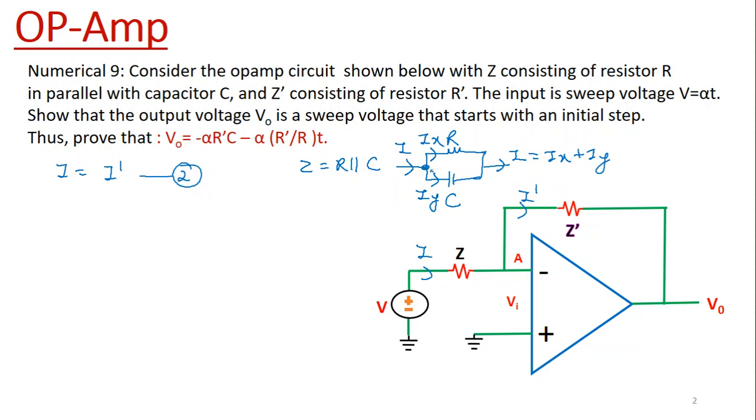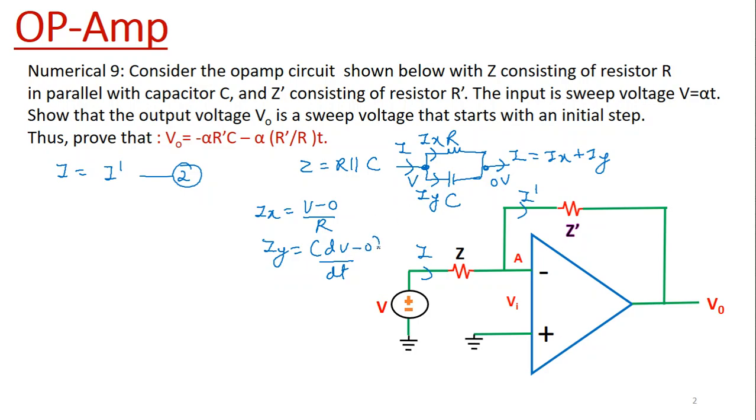So here the node voltage is V only. Here the voltage is V, and since it is the inverting terminal of the operational amplifier, it will be at 0 volt. So Ix will be equal to V minus 0 divided by R, and Iy is the current through the capacitor and it has the equation C dV by dt, that is C d of V minus 0 by dt, because here voltage is V, here 0.